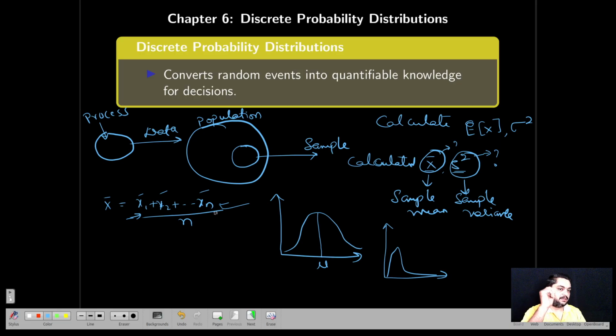So for this reason, people have analyzed certain processes in nature or in the real world, and they have identified that they follow particular characteristics, some properties. Based on those properties, they call it a certain distribution.